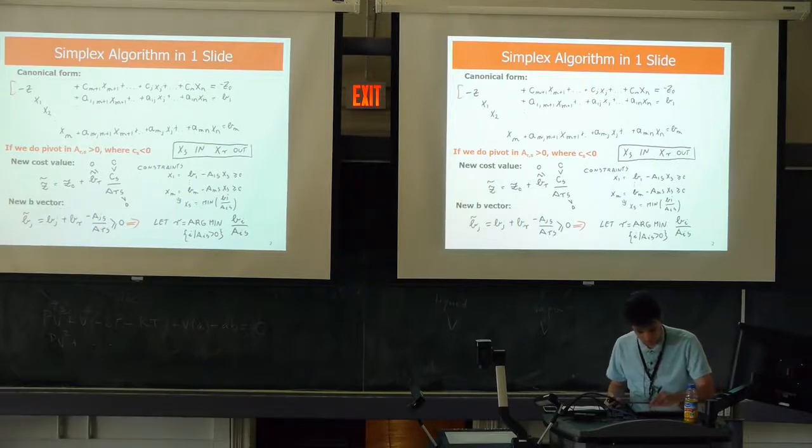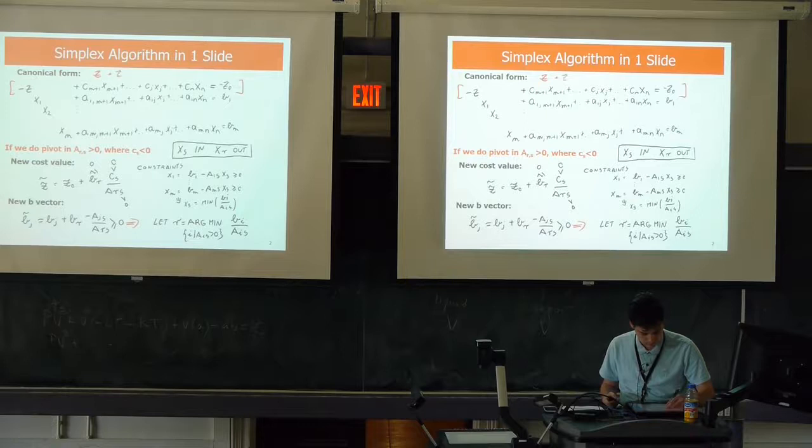Right? It just says that z is z naught plus c_{m+1} x_{m+1} plus ... plus c_n x_n.